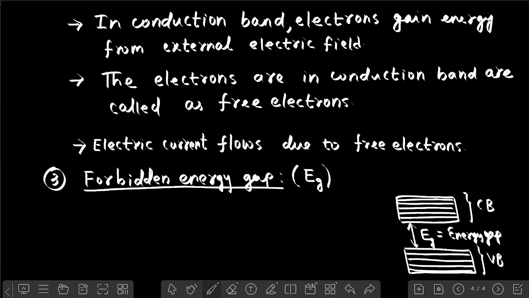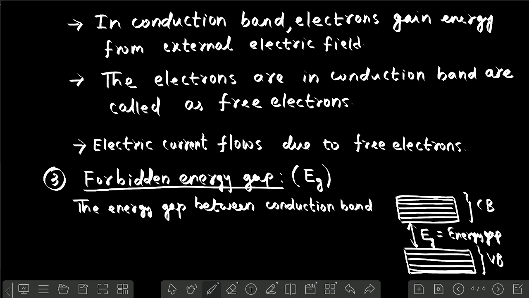So write: the energy gap between conduction band and valence band is called energy gap or forbidden energy gap.